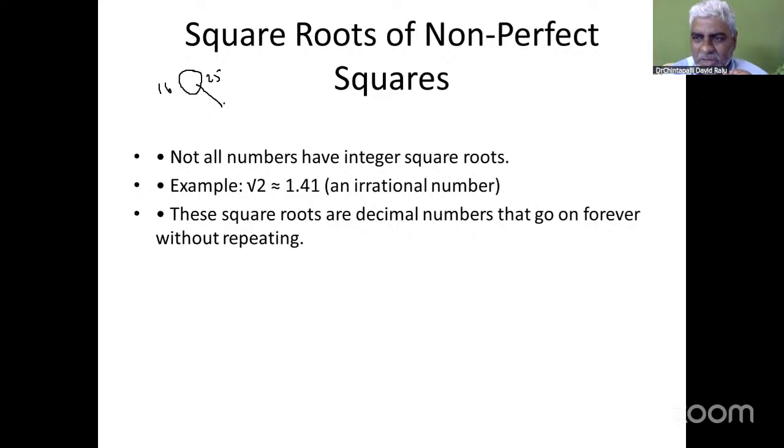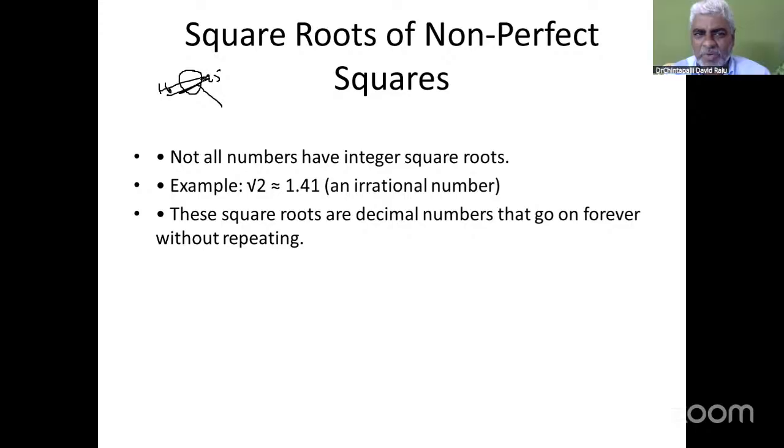For them, no integer exists whose square is equal to that number. In simple words, there are a few numbers between 16 and 25 which are not perfect squares.